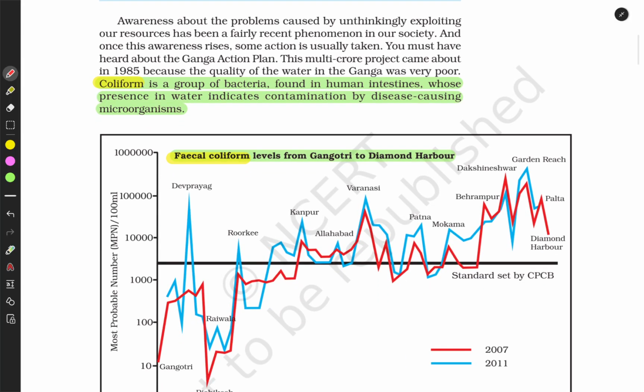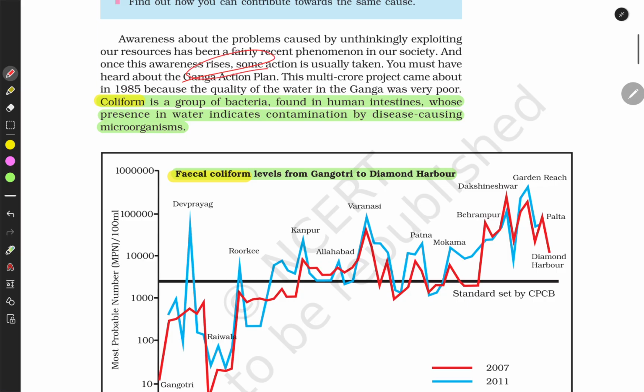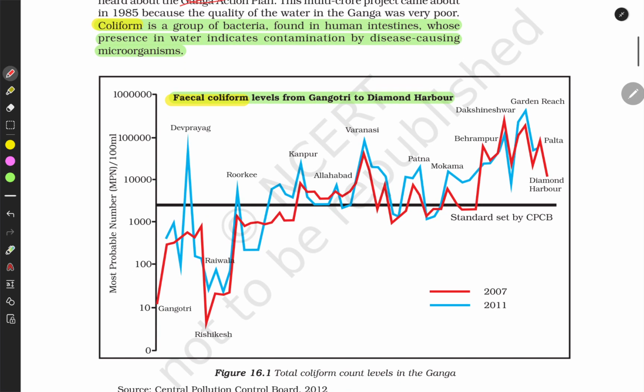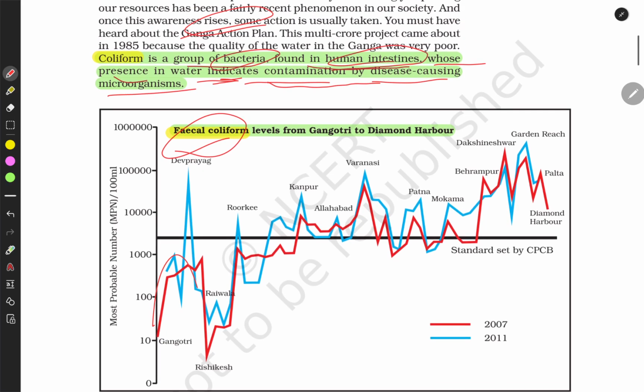Let's talk about some of the environmental pollution that happens in the Ganga river. This is a map that shows fecal coliform. A coliform is a group of bacteria found in the human intestine. Its presence in water indicates contamination by disease-causing microorganisms.